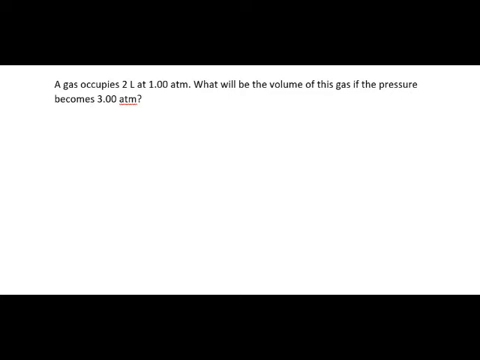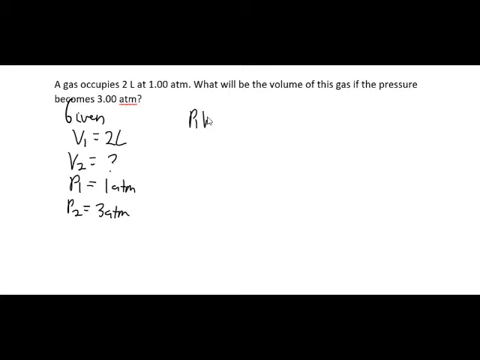Given is V1 is 2 liters, V2 is unknown, P1 is 1 atm, and P2 is 3 atm. So the formula is this.